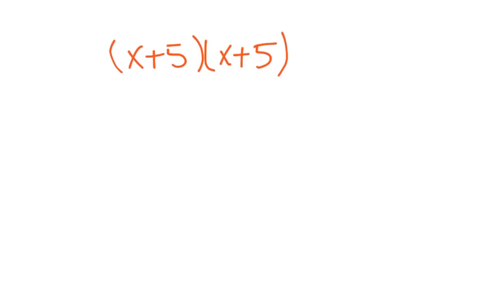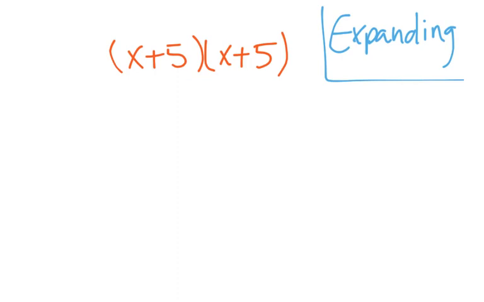Starts with an E, ends with a G, and it would be called expanding. How do I expand this product of linear factors? There's a linear function in here, and there's a linear function in here.